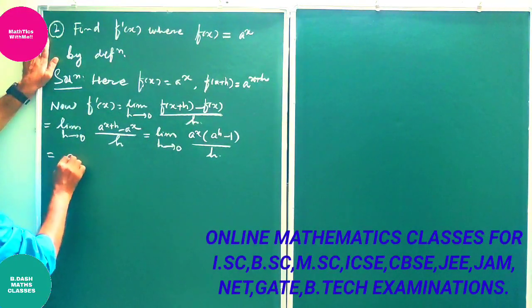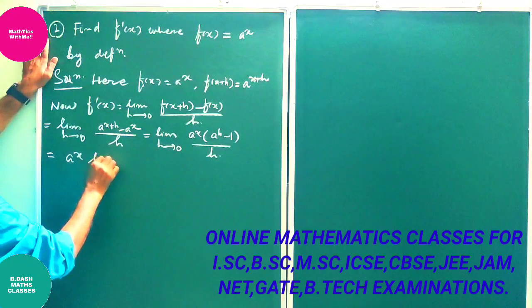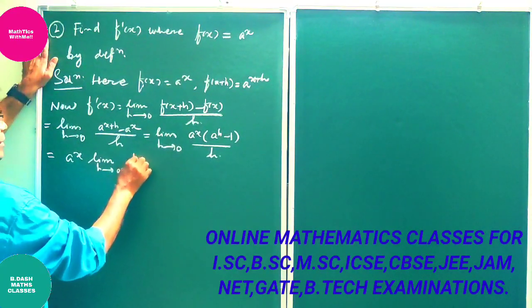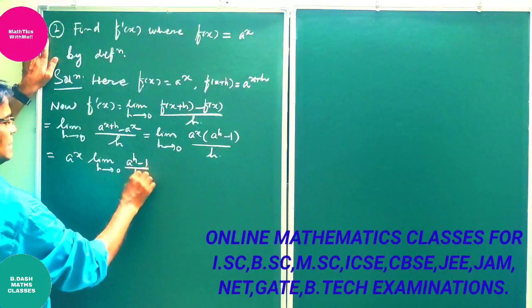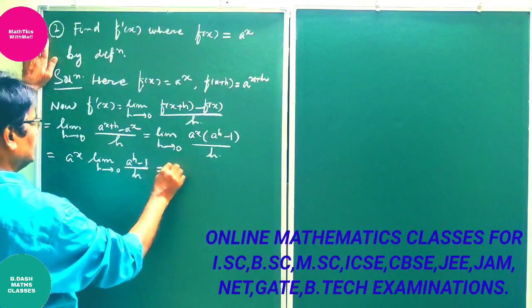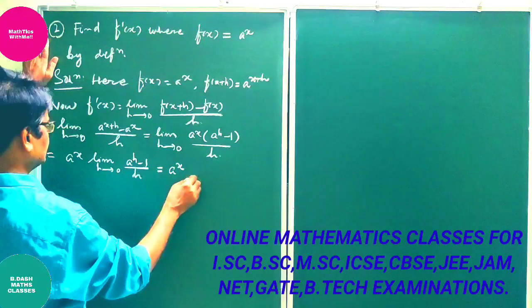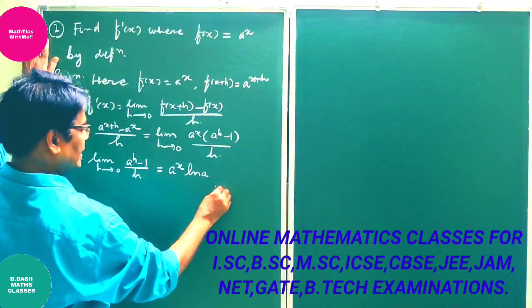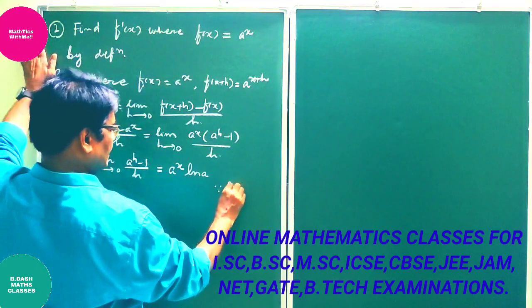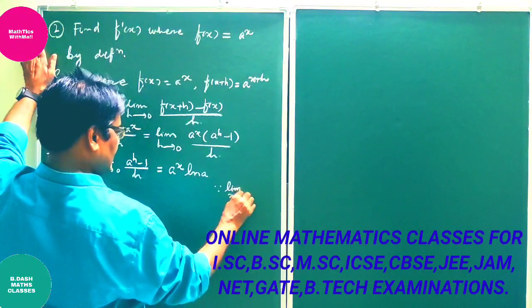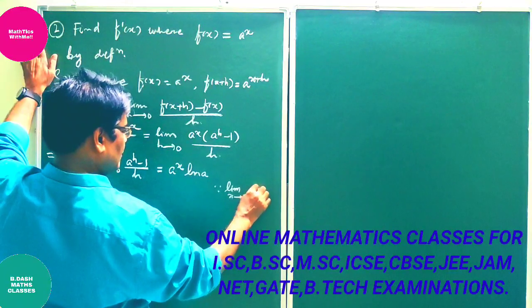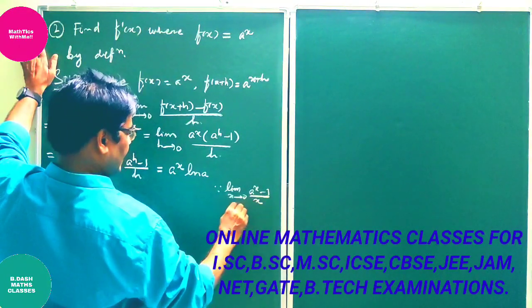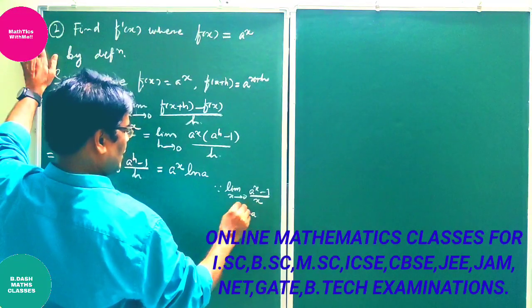So this is equal to a to the power x limit h tending to 0, a to the power h minus 1 by h. This is equal to a to the power x ln a, since limit x tending to 0, a to the power x minus 1 by x is equal to ln a.